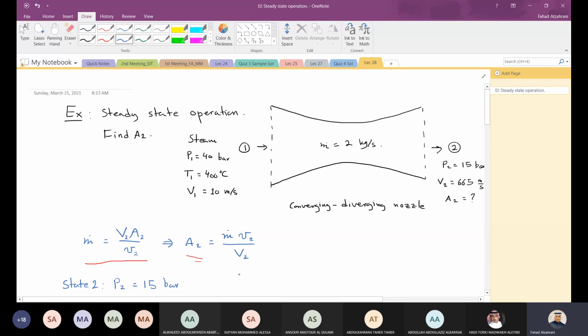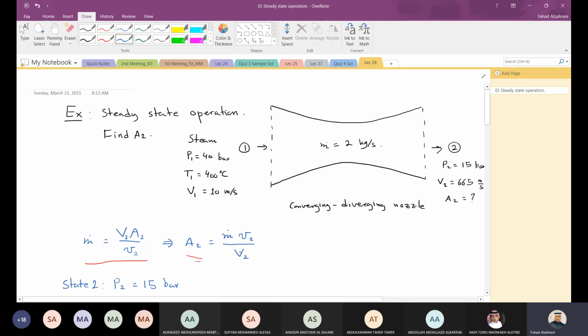If I ask for any parameter, like heat transfer, you write whatever equation you know that has heat transfer. Start from the end, try to find the equation that you can use immediately for the required value or required parameter here. Okay, now I have written the equation for the area.